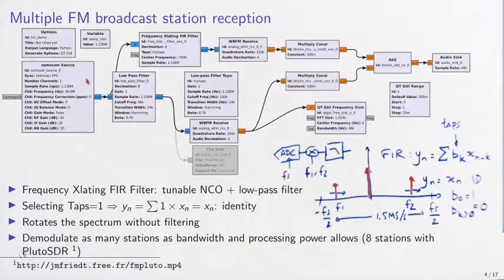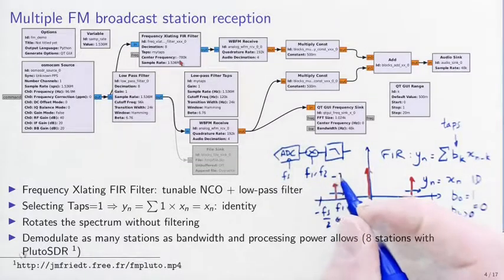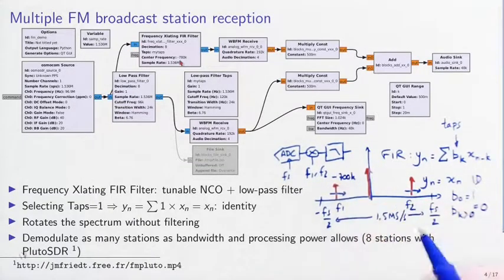So in this example here, we see that we have one low-pass filter to select the center station, here 96.9. This center station has been selected and is decoded using the wideband FM receiver here. And on the other hand, we're going to bring another station that is located minus 107 kilohertz from the center frequency.